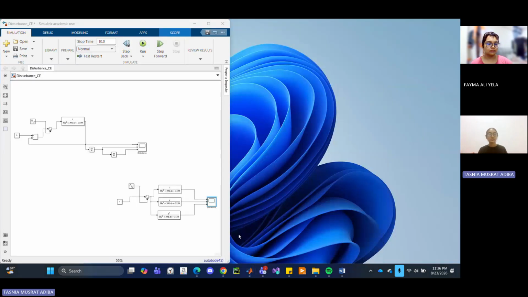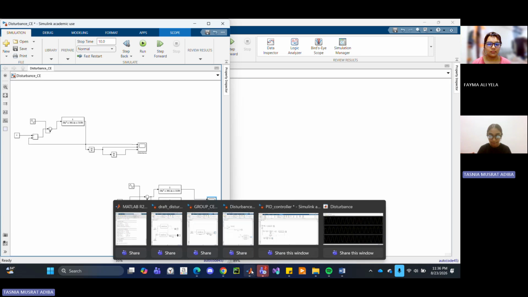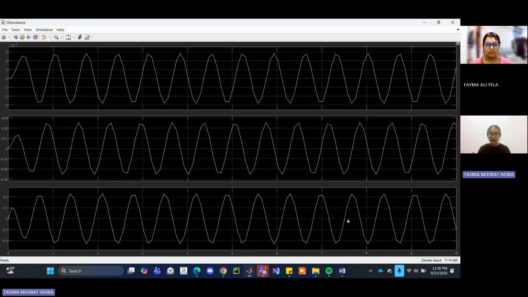Okay. So this is basically for the disturbance. I did it two ways. I did the derivative blocks, and then I also did the transfer function for velocity and for acceleration. The first result is for displacement, then velocity, then acceleration.